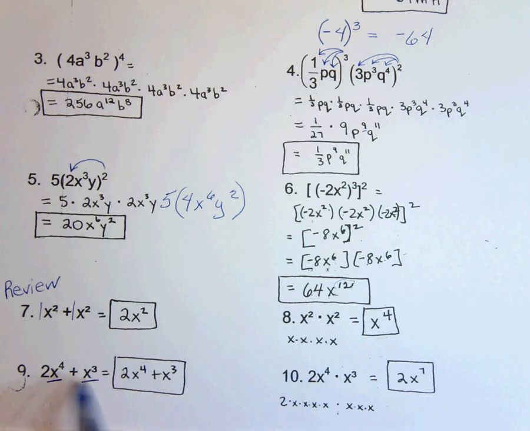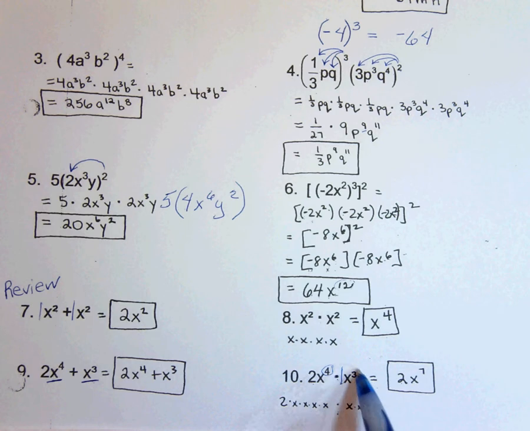They don't have a like term to be able to combine, so that actually just is your answer. It's already simplified. And again, this one you're multiplying, 2 times 1 is just 2. Don't make that a 3. That's multiplication. But what do we do with the 4 and the 3? You add them, adding exponents. And this is just a visual to see how that's looking. And that concludes 2-3.